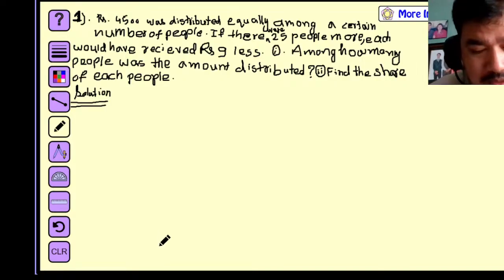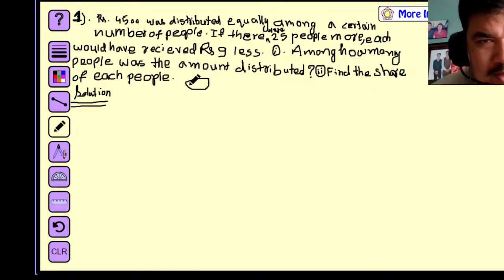First of all, the total money was 4,500. For easiness, I want to show you in the figure also. The total money given there was rupees 4,500.